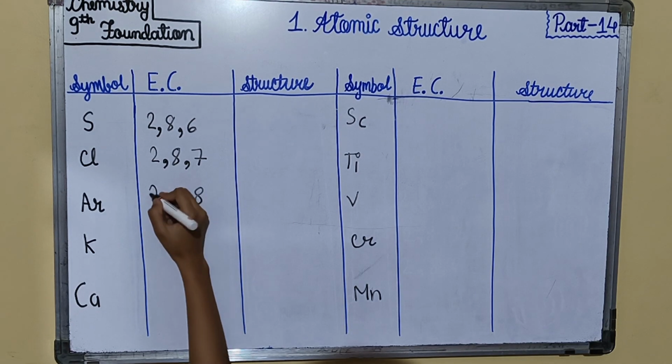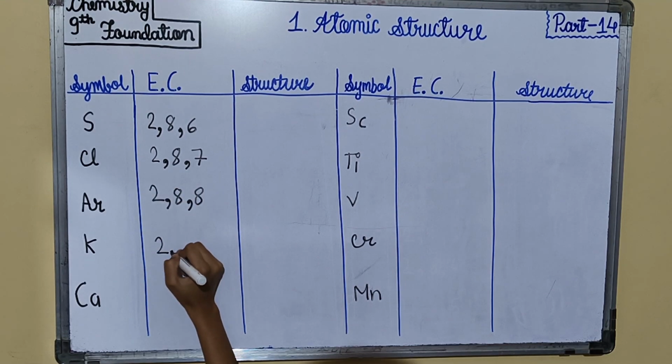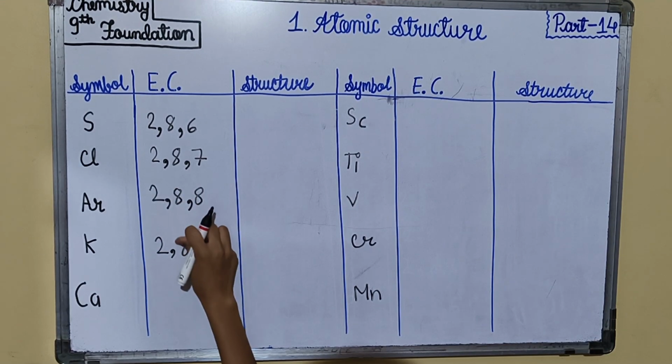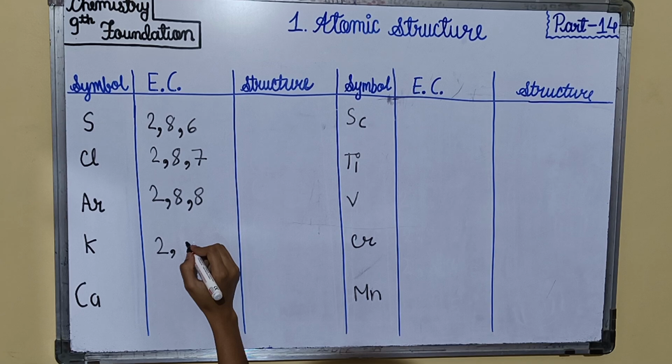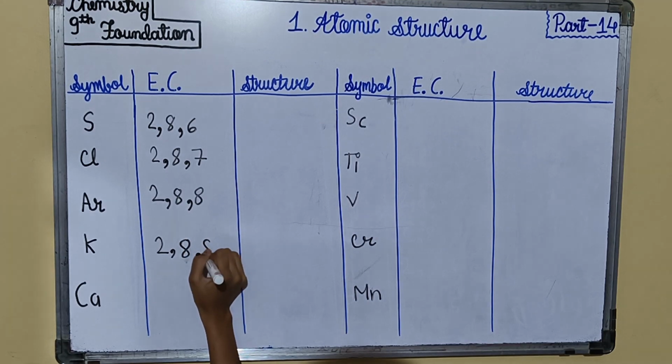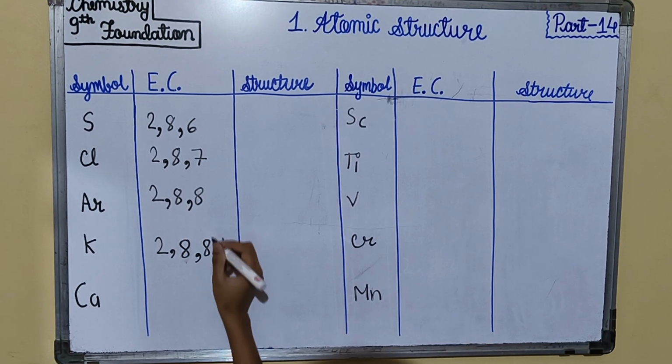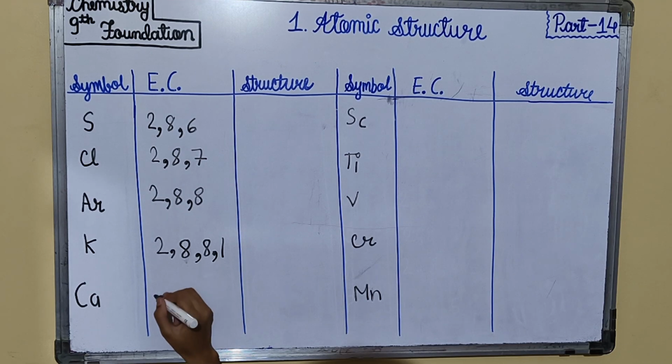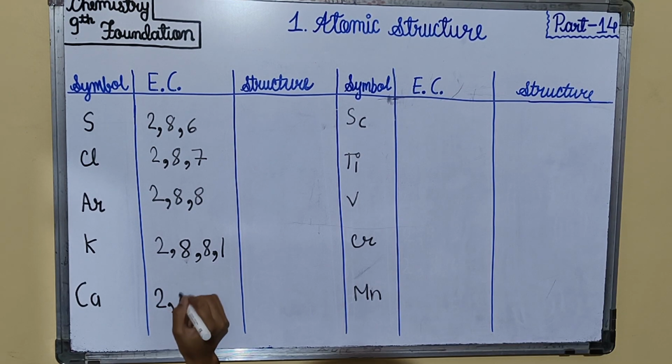Electronic configuration of potassium is 2, 8, 8, 1. Calcium is 2, 8, 8, 2.